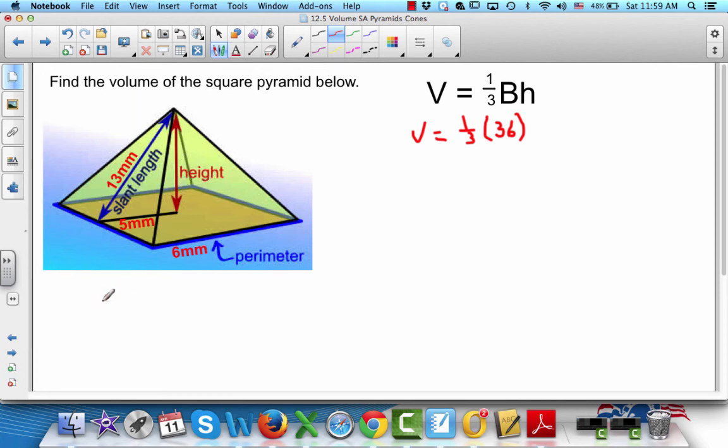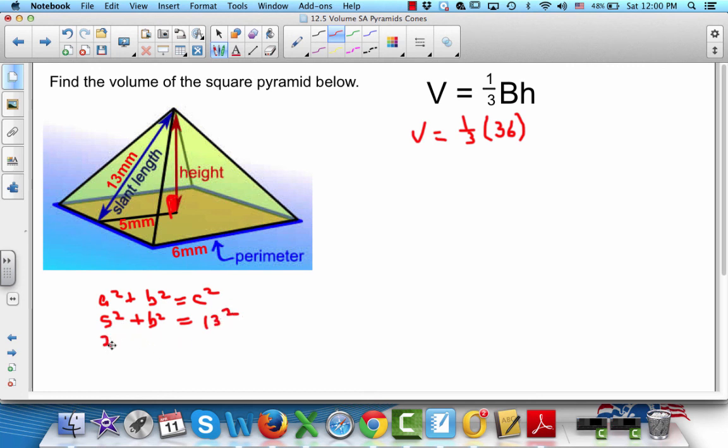So let's come over here and we'll do a squared plus b squared equals c squared. This is a leg. Here's the right angle right here. So this is a leg and this is a leg, so we'll go 5 squared plus b squared equals, and 13 is the hypotenuse because it's opposite the right angle, so that's 13 squared.